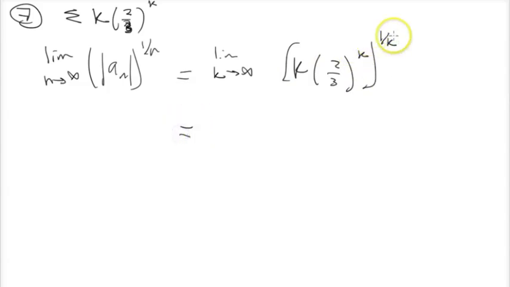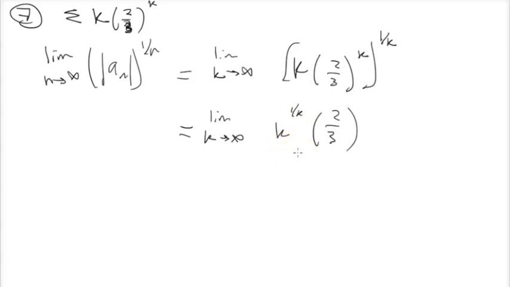We can multiply this 1 over k by the exponents of the things multiplied inside the expression. So this will turn into the limit as k approaches infinity of k to the 1 over k, and then this k times the 1 over k is going to be a 1, and so that is just a 2/3. And so when we plug in infinity for k to the 1 over k, we're going to get k to the 0.